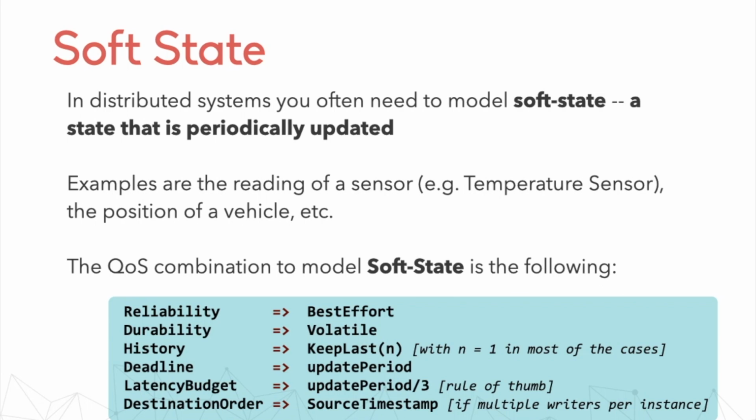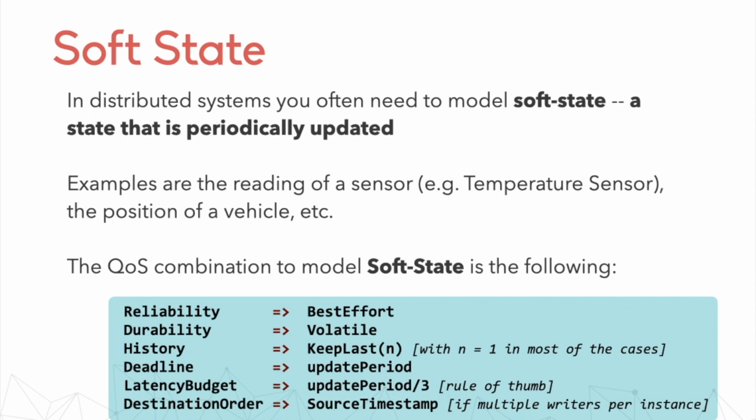What is soft state? Soft state is a state that is periodically updated. For instance, data produced by a sensor is an example of soft state. So when you're using DDS and you want to represent some soft state, obviously you define a topic that represents the information, and the set of QoS that you have to care about are reliability, durability, history, deadline, latency budget, and destination order.